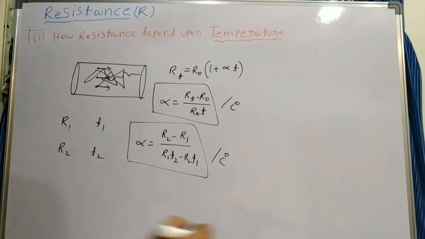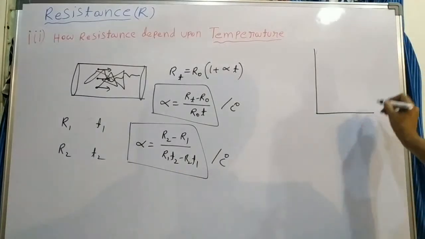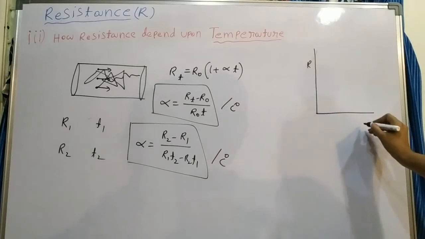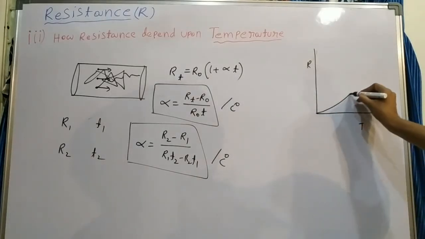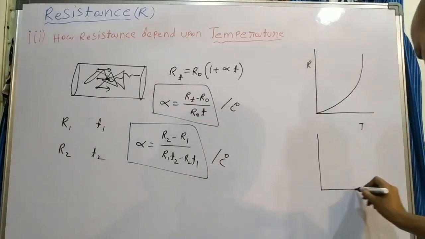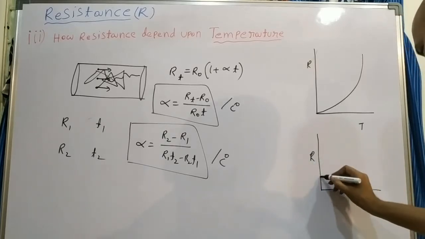For example, if you take resistivity or resistance versus temperature, if you observe the graph, for copper we are getting a line like this. For nichrome we get a line like this.